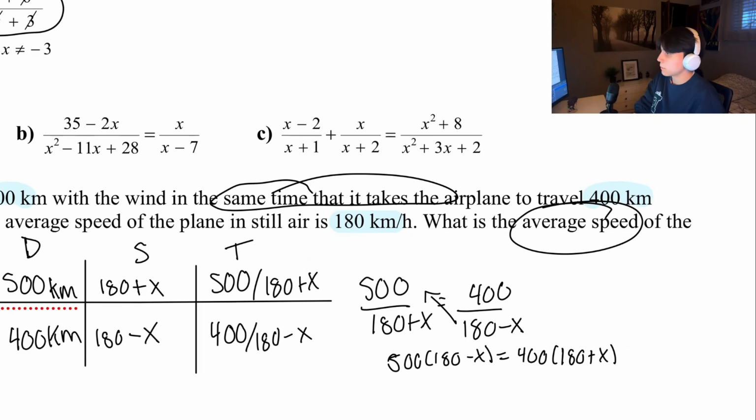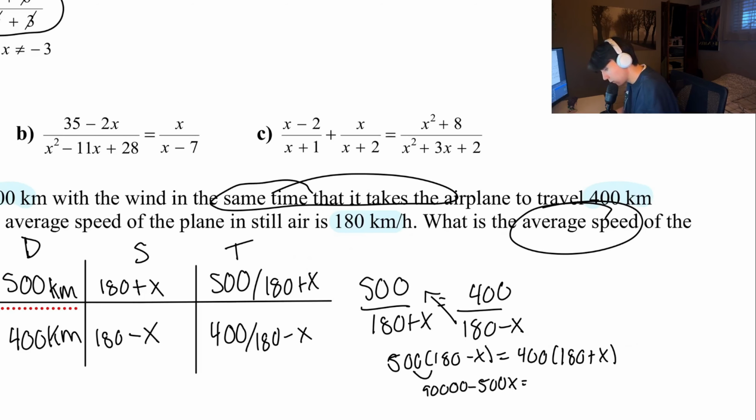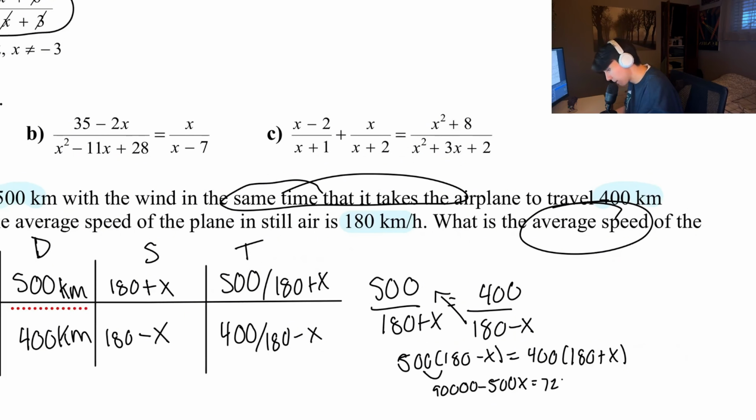Now you can actually pull out your calculator here. So 500 times 180 gives us 90,000 minus 500x is equal to 400 times 180, which gives us 7,200 plus 400x.